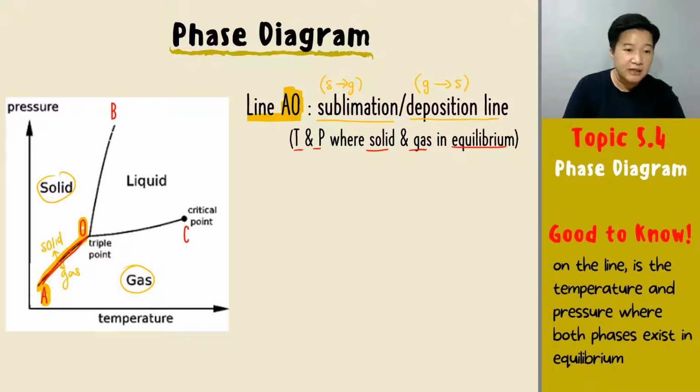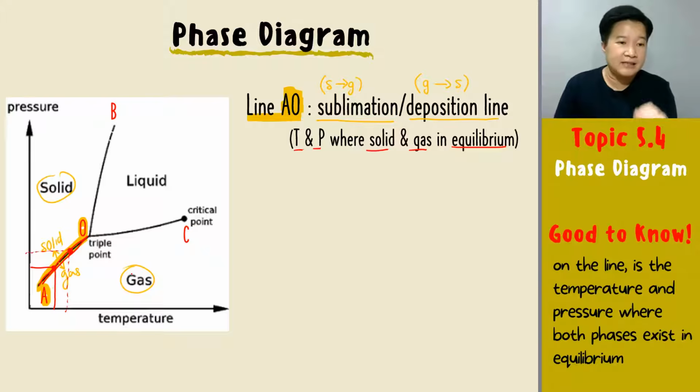Meaning if I have a dot on that line, this pressure and this temperature is where your solid and gas exist in equilibrium. Same goes here. On top of the line means your solid and gas are in equilibrium for this line AO.